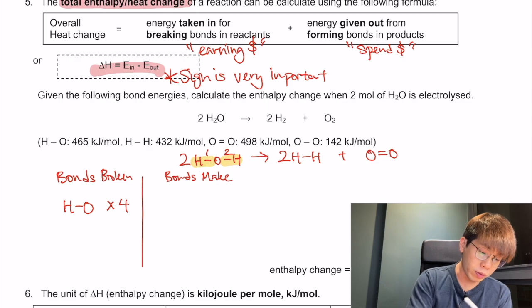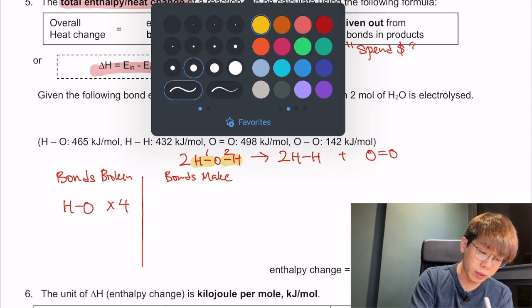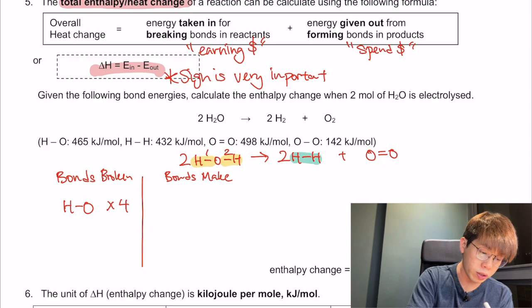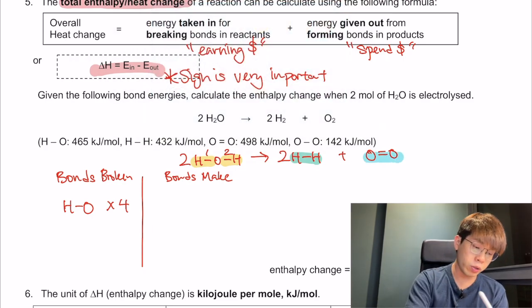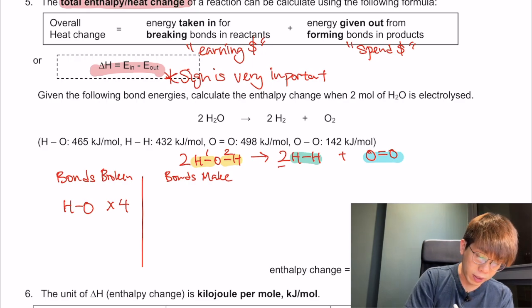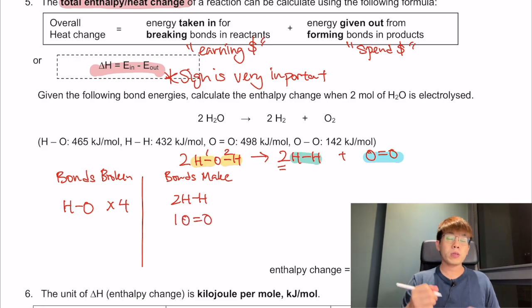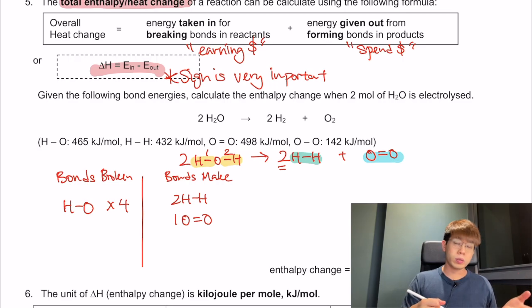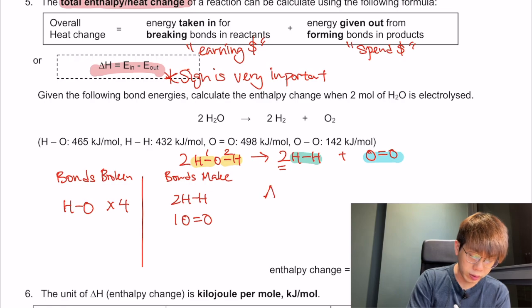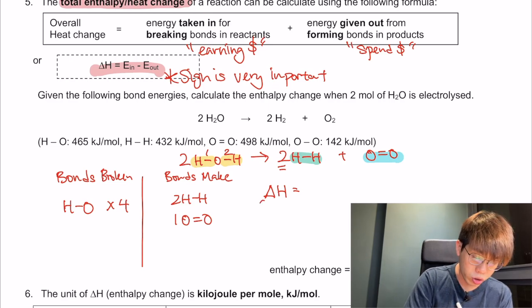What about the bonds that I made? So the bonds that I made, I have an H-H here, and I also have an O double bond O here. How many do I have? As you can see, I got a 2 here, so I got 2 H-H bonds, and for the O, I got 1 double bond O. So the total amount of bonds I have broken is 4 O-H. So the total enthalpy change, this is read as delta H. Delta means change.